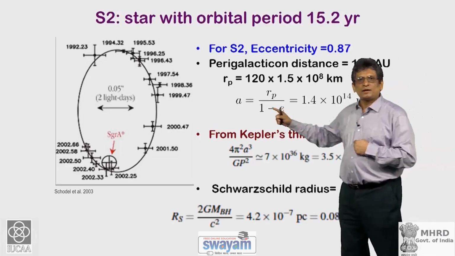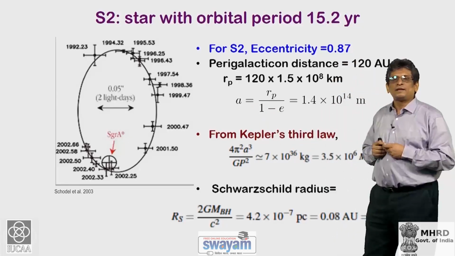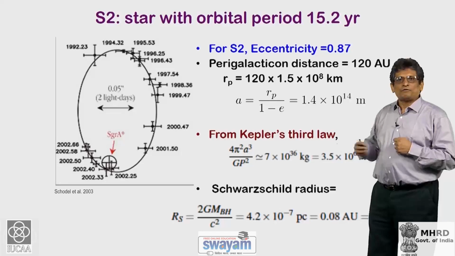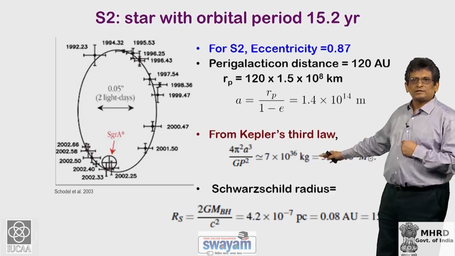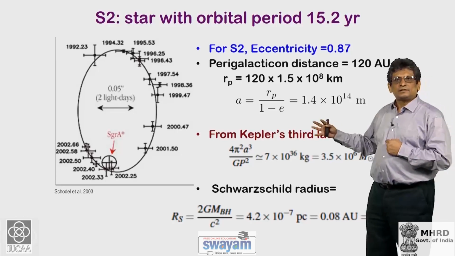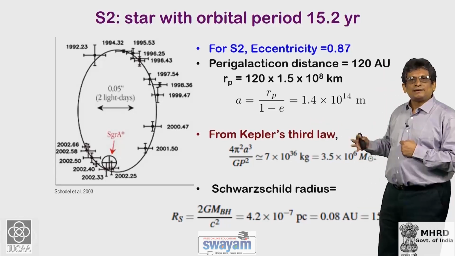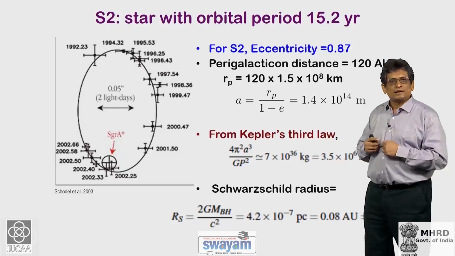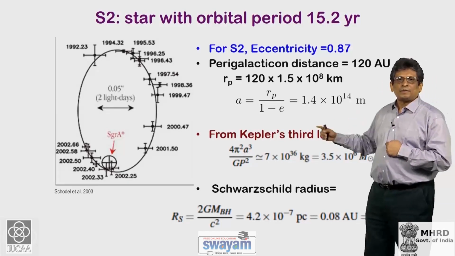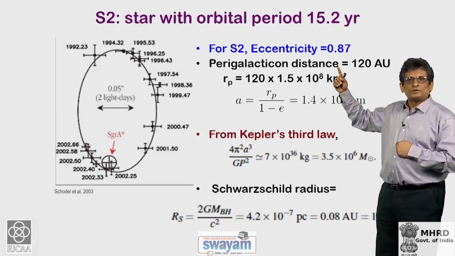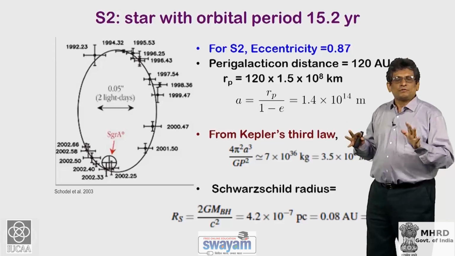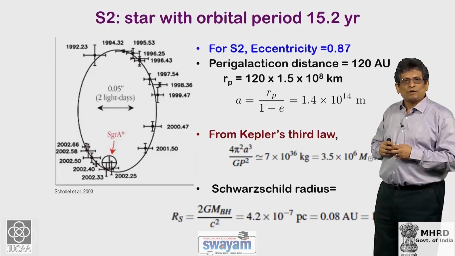The central object, which is marked as Sagittarius A star there, even if it is a star cluster of this mass, which is possible, globular clusters have masses of 1,000,000 times the mass of the Sun. If it is a star cluster, it would be at least a few parsecs in size, and so having a distance of close approach of a few hundred AU rules out the presence of star clusters of that mass there.